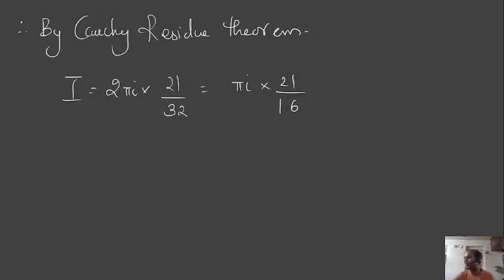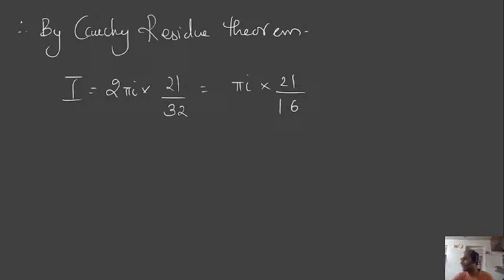You can get anything. There is no restriction on the Cauchy residue theorem about what kind of question they should or should not ask. All kinds of questions are allowed. It depends entirely upon the examiner and the paper setter who wants what kind of questions to put in it.